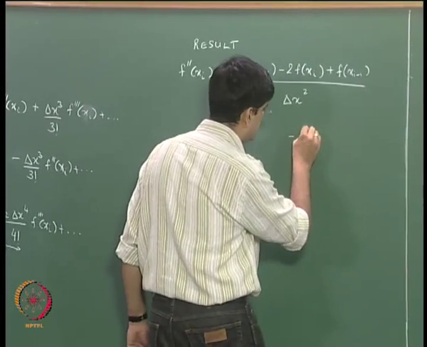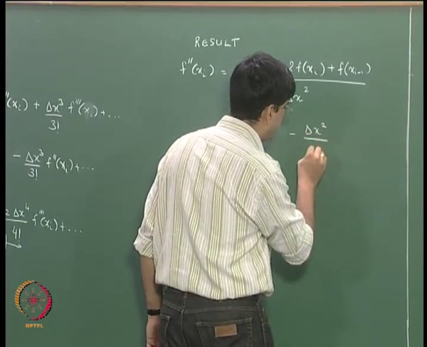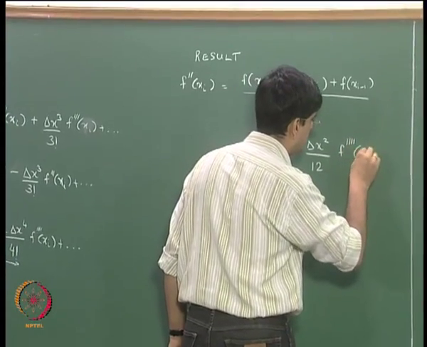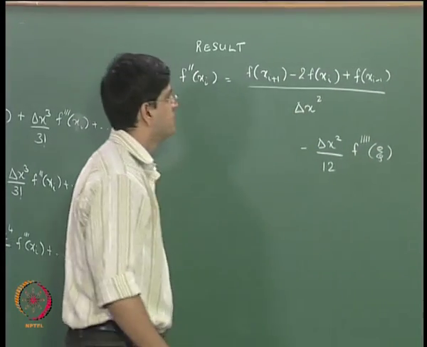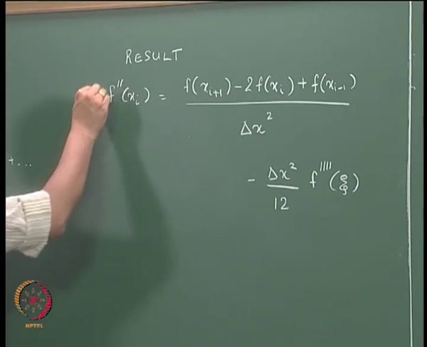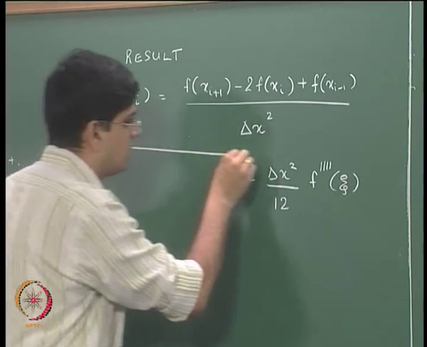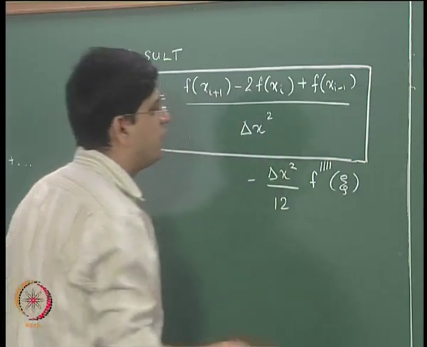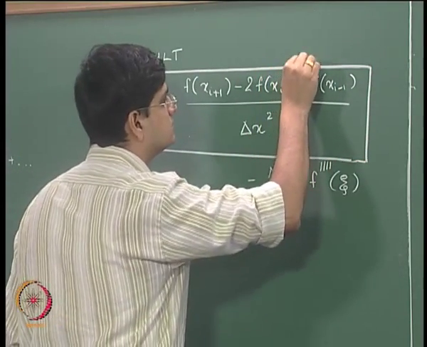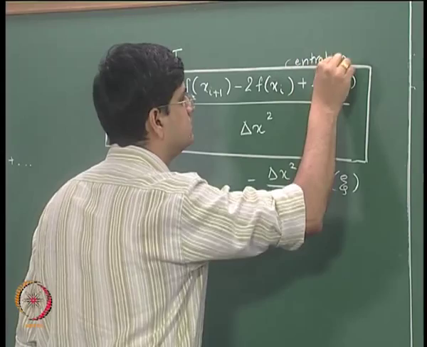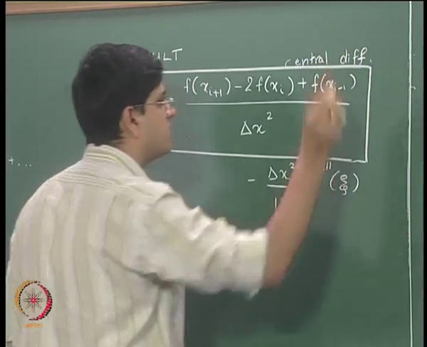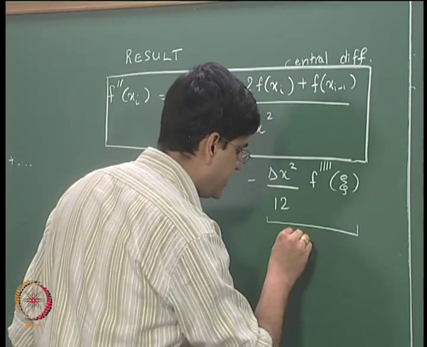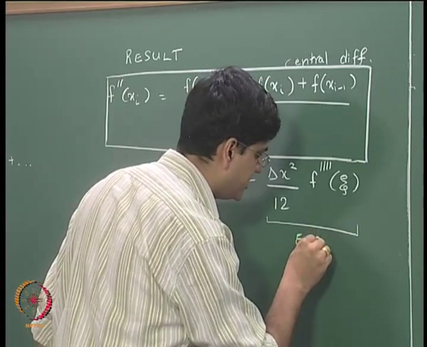So this is the central difference formula, and this is the error in the numerical derivative.